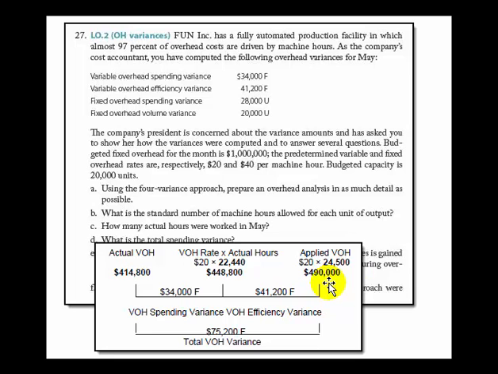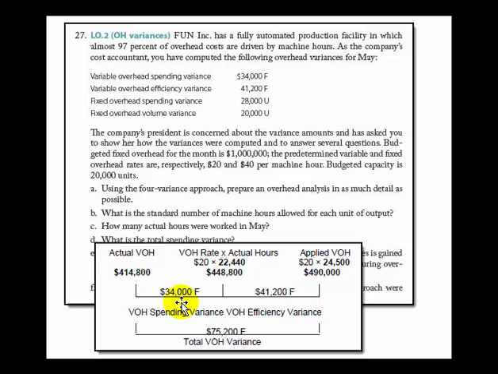And then we simply add the variances. 490 plus 41,200 favorable means that, or actually subtract because this number needs to be less than this number. We come up with 448,800 dollars, excuse me. Meant to say dollars, not hours. Take the $448,800 and divide it by the variable overhead rate of 20, and we're able to compute the actual hours, so we can fill that in.